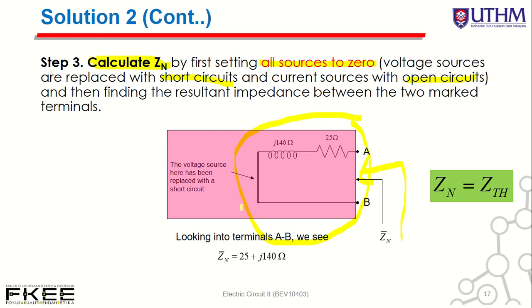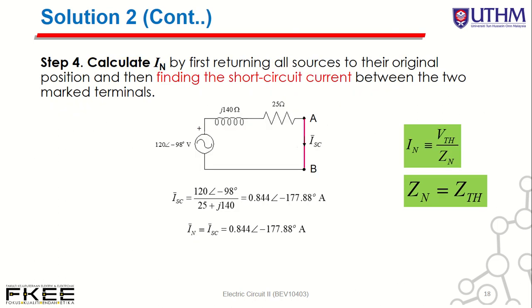So we replace our voltage source by a short circuit, and then we can calculate Z Norton. Seen from here, we have a series combination of R and ZL. So you get Z Norton, and then you need to determine I Norton.